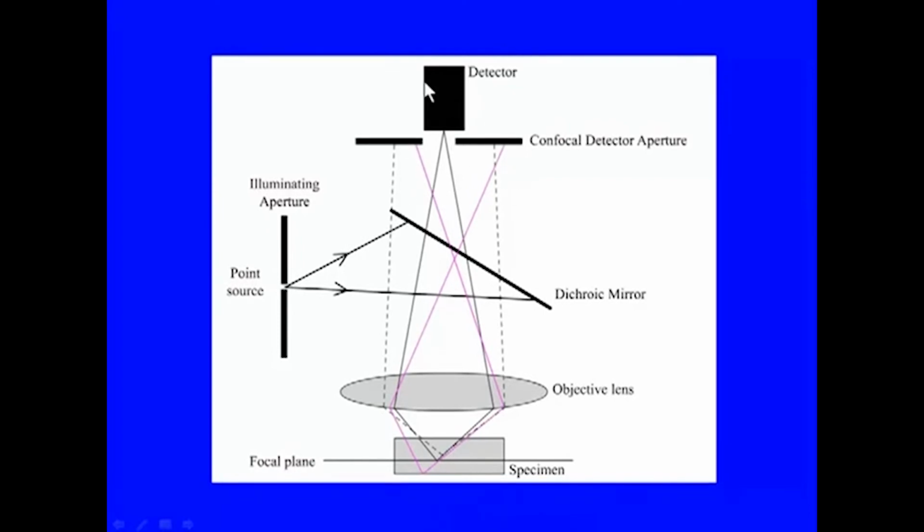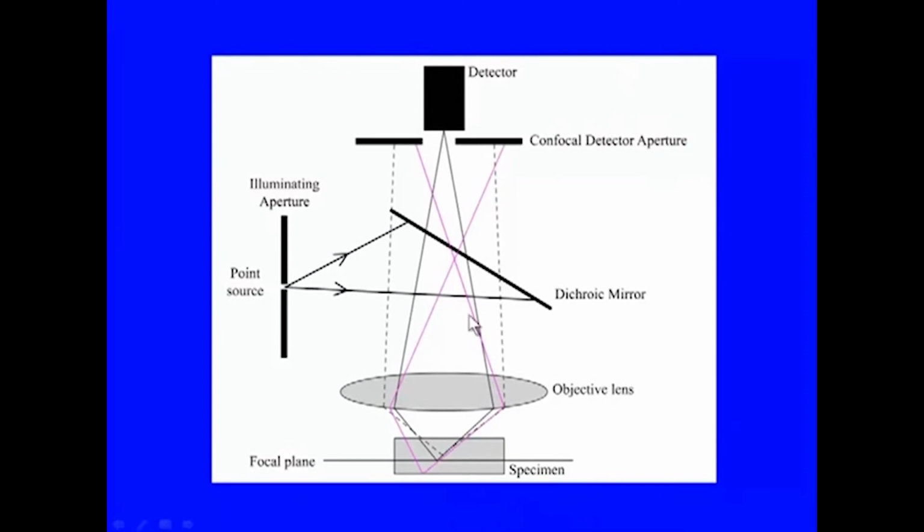So, at a time you get an image which is in focus, and then to go to different depths, you will change the focus of both these points, and subsequently the focal point on the specimen will also change, and you will collect a lot of optical images which could be combined to give a 3-dimensional image.